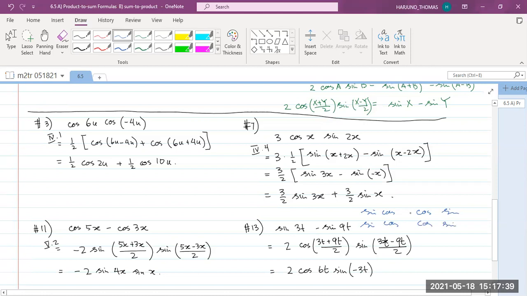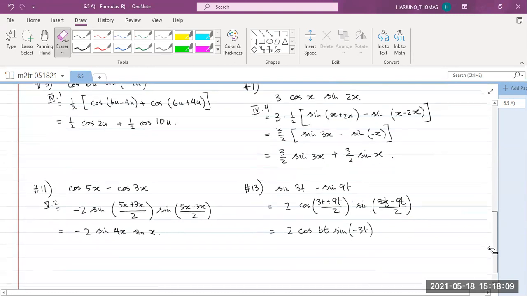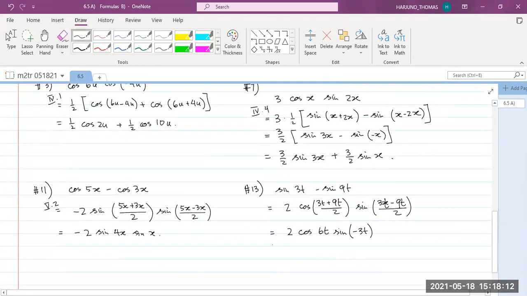So when you subtract, the first term cancels, and it gives you 2 cosine sine. So instead of memorizing the formula, I memorize how I get that formula. Of course, you can look back to the formula all the time, you have open notes anyway. Sine negative is negative sine, so let me pull the negative to the front.